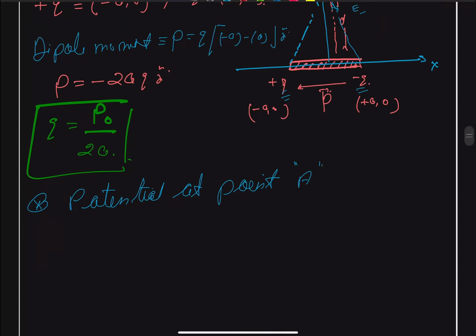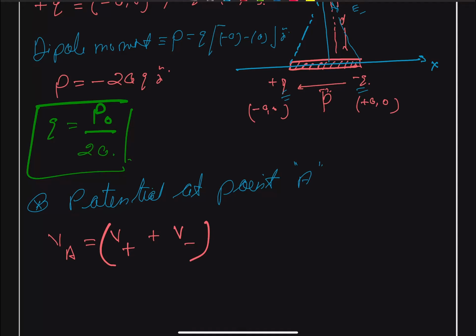So the potential at point A, VA, will be equal to the contribution due to the positive charge plus that due to the negative charge, and these will be equal and opposite.